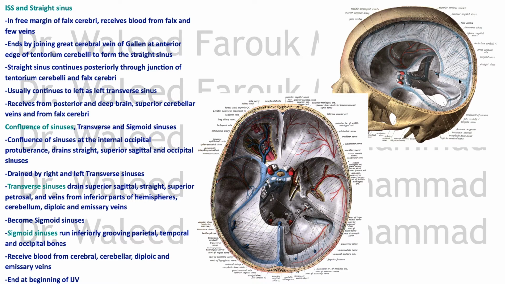So the sigmoid sinus on the right side, which is the continuation of the transverse, will dig deeper in bone. When it digs deeper in bone, it means the bone is thinner on that side. That's why one of the complications of otitis media or interna is involvement of the sigmoid sinus, and this will lead to coagulation of blood, of course.